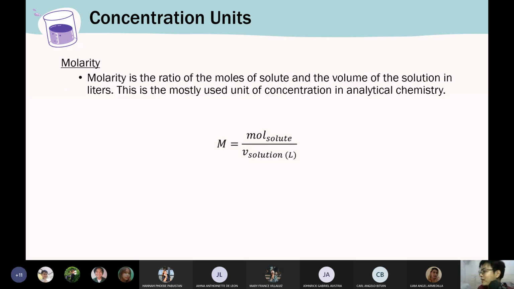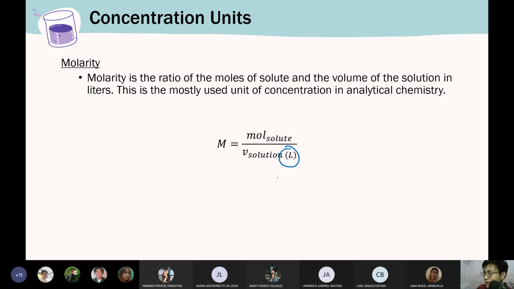Next one. The next equation is molarity. Okay, so for molarity, basically it is solute over solution pa rin. But this time, when we say solute, we are actually referring to the moles of the solute. And kapag sinabi solution, it is still the volume of the solution but in liter unit.